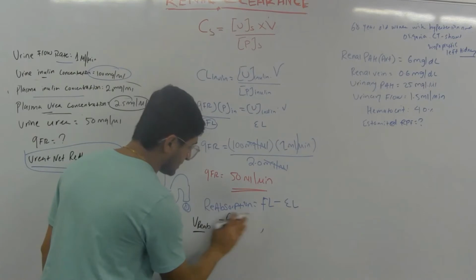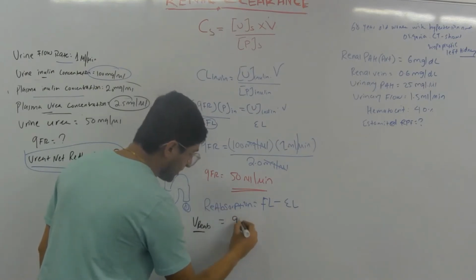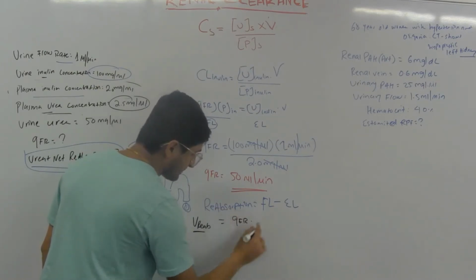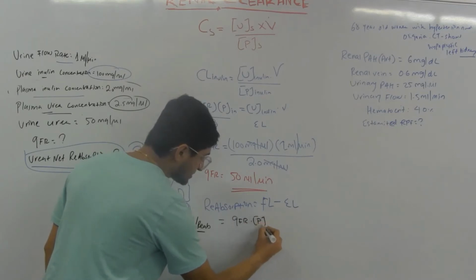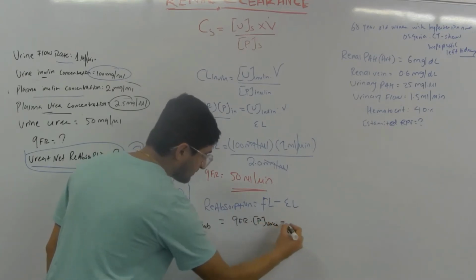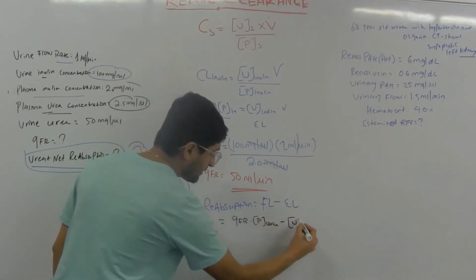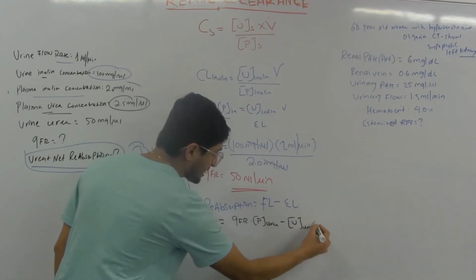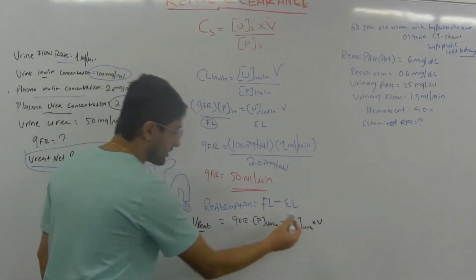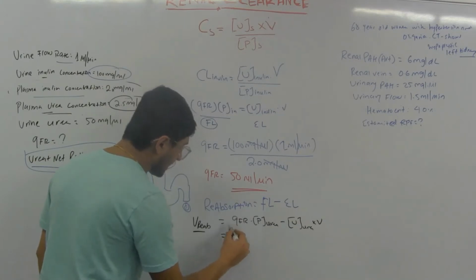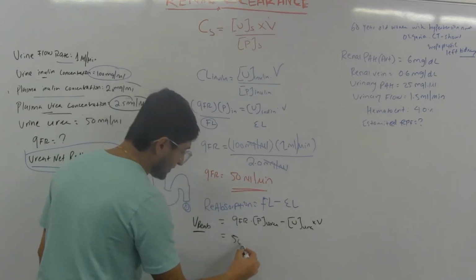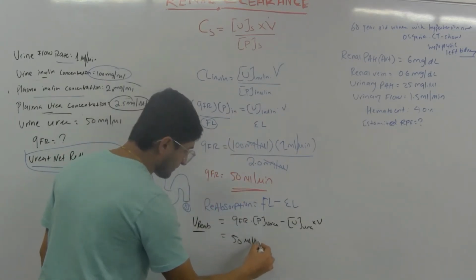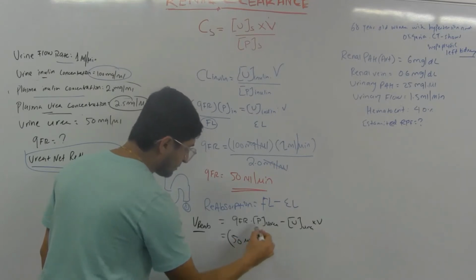Let's just write it down. So your GFR times your plasma concentration of urea, minus your urinary concentration of urea times the volume, the urinary flow rate. So my GFR, we got it using the inulin, 50 ml per minute. You multiply that by, what is my urea?